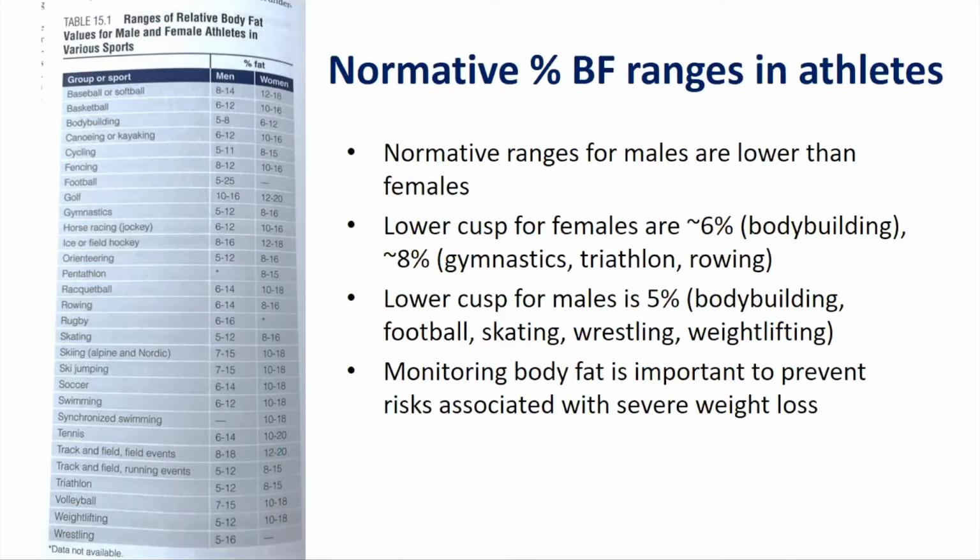So notice that these are normative ranges that are being reported for each sport. If you were to use these different body composition methods in the field, you'll also have to realize that each measurement that you derive or measure is going to have a plus and minus 1 to 2% body fat. So keep this in mind as you use these body composition methods in the field.